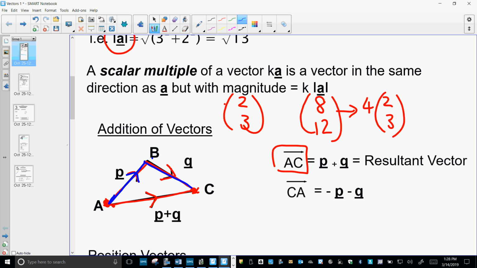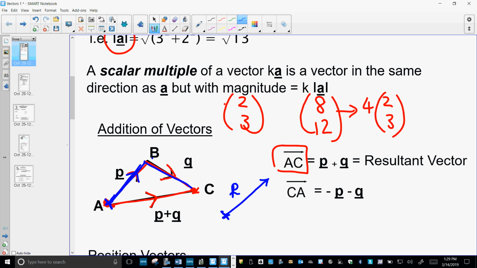Now, if you had started over here and gone the exact same movement in the same direction, this would also be called P. As long as you're going in exactly the same movement, it would be the same vector. Whilst it's not from the same start point and the same finish point, it would still be classed as the same vector. You all happy with that? Because it's going in the same direction.